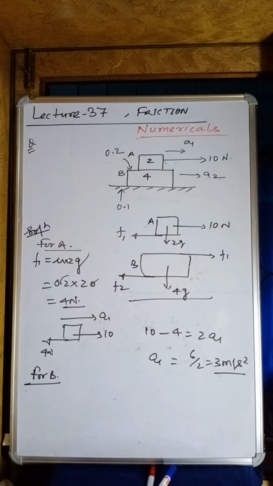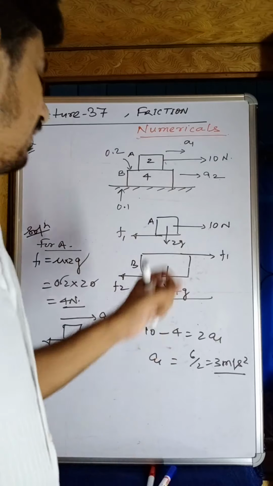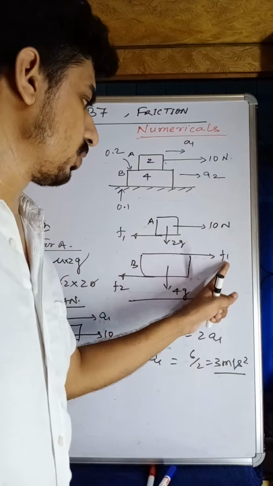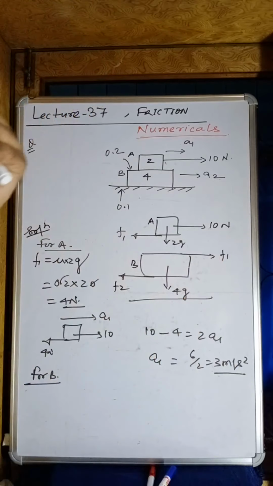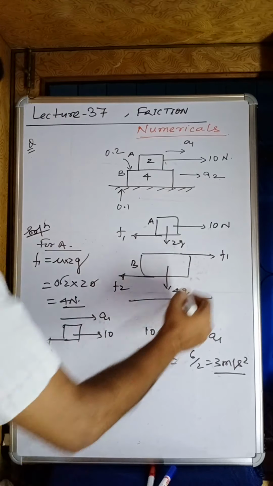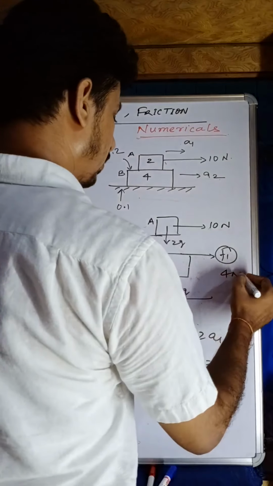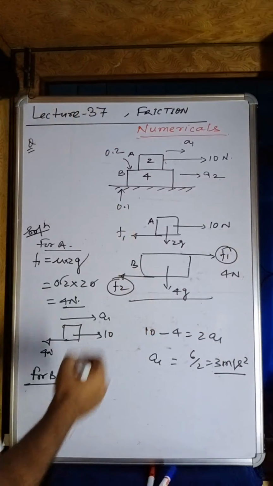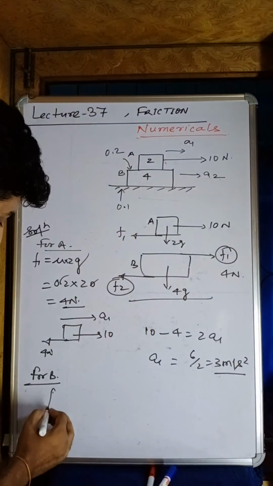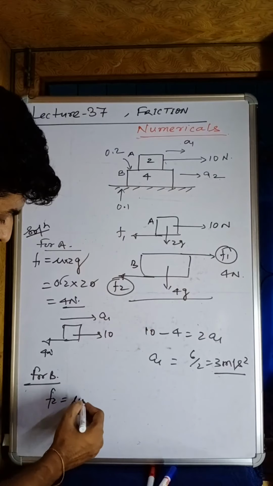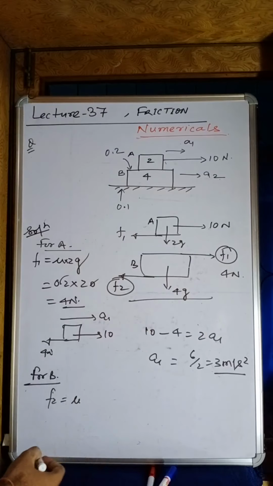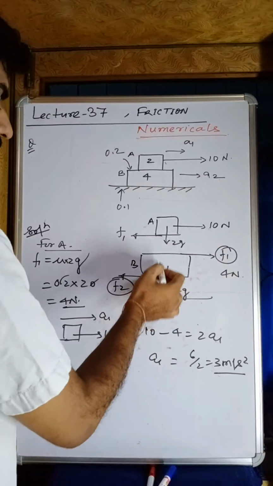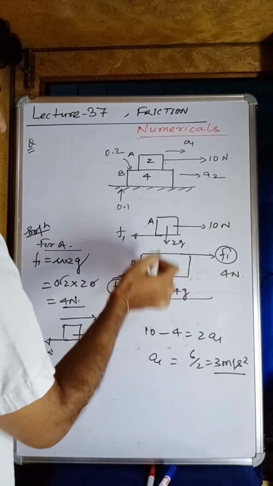My dear students, now you have to check. What you have to check? You have to check whether this driving force F1 is capable of moving this body. So F1, we know how much it is, 4 Newton. Now try to find out F2. So F2 will be mu times again m g. How much m g? If you find the normal over this body, you will get the total mass added.